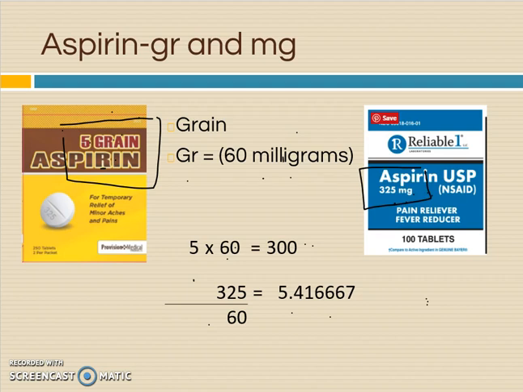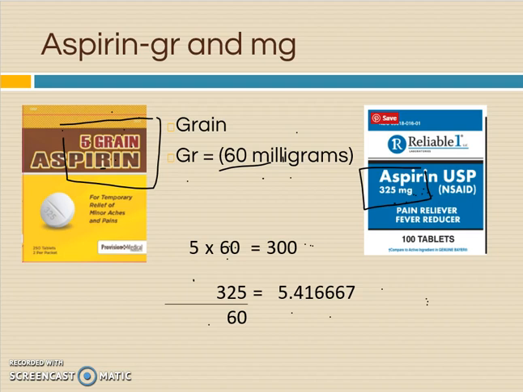Well, if you take the 5 grains from over here and you multiply it by 60, you get 300, which is not 325. And if you take the 325 and you divide it by 60 milligrams, you get 5.4, and that's not 5. So you might be asking yourself, what is going on here?